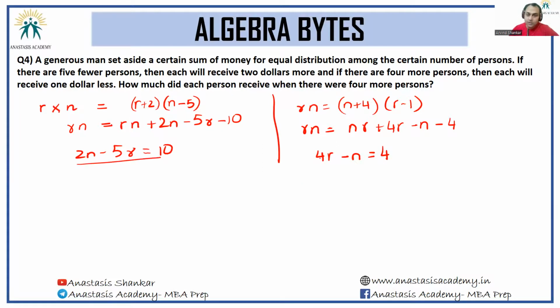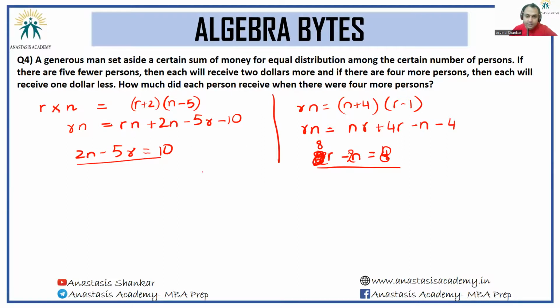We have these two equations. We can solve for both these variables. So let me just multiply the second one by 2. I'd get 8R here, I'd get 2n here, and I'd get 8 here. Now I can happily remove n from consideration.